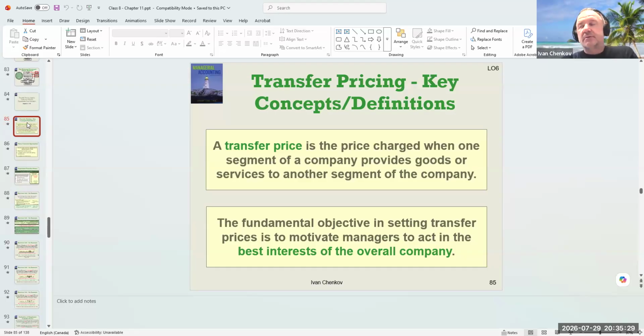Transfer pricing is used only and only within the organization, when one segment of the company produces something which is used or purchased by another segment of the company from outsiders. For example, let's say I'm Samsung, and one of my departments makes only screens for cell phones, and that department sells outside.